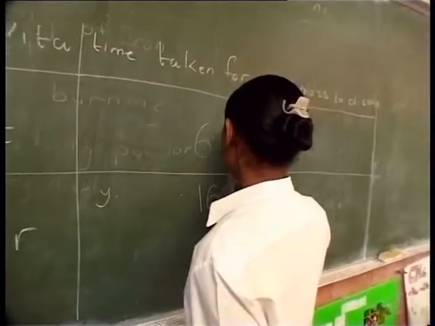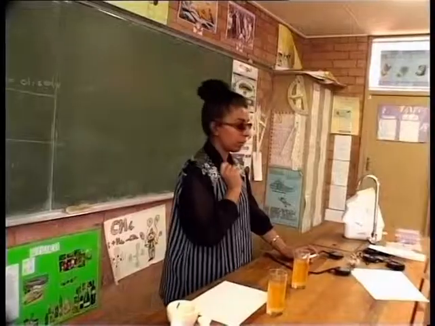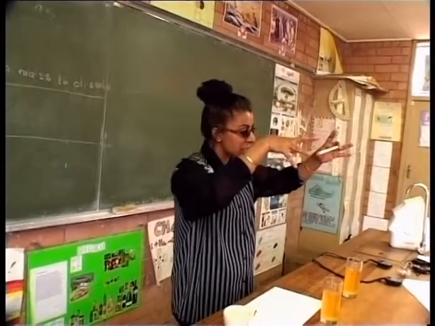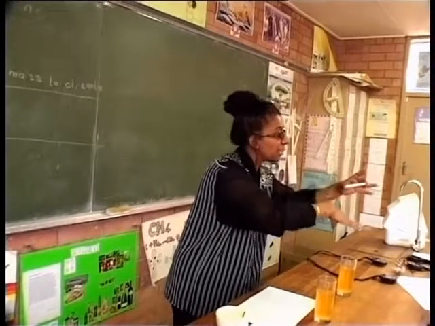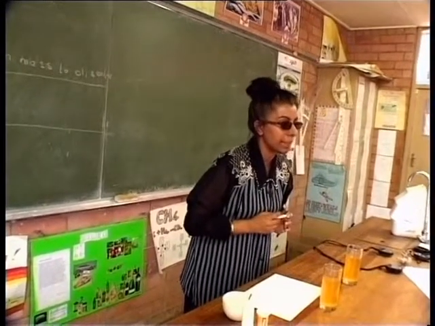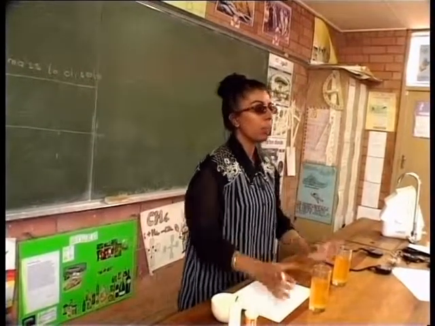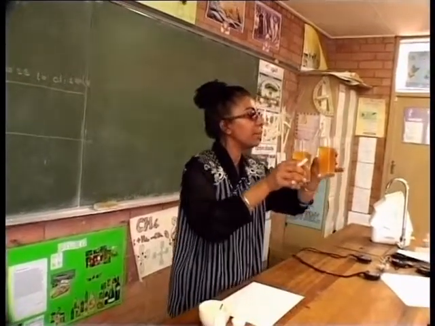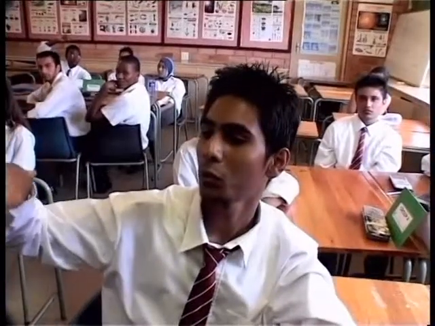Before we go further, we need to check, were the conditions fair so that we can compare this difference in time? Let's check what was the same in both cases. The amount of liquid. The color of the 2 liquids is the same. The mass of the tablets.